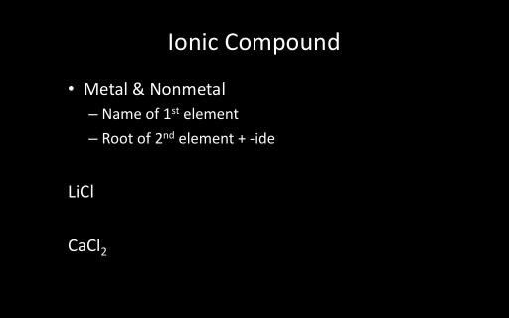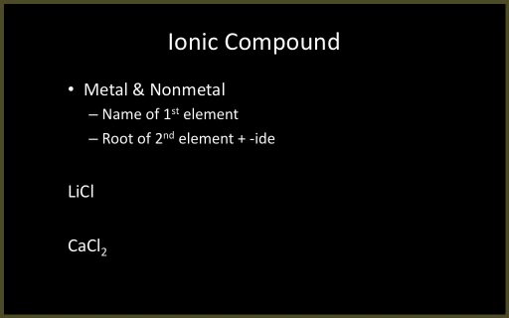When you name an ionic compound, you're going to use the name of the first element, the root of the second, and you're going to add IDE. We're going to look at a couple examples. My first example down here is LiCl. The name of the first element, Li, is lithium.